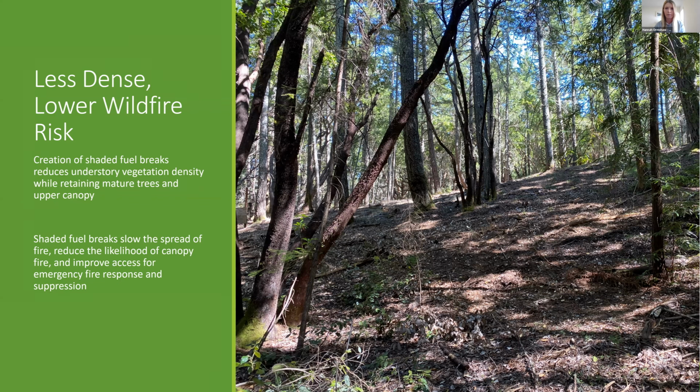So in the event that a wildfire should occur, the shaded fuel breaks help slow the spread of fire, reduce the likelihood that the fire reaches the forest canopy and gets out of control, and also allow for better access to these areas for emergency fire response and suppression efforts that would further limit the spread of the fire.